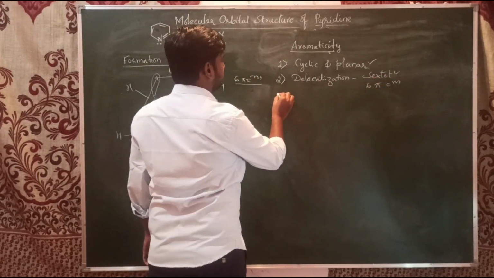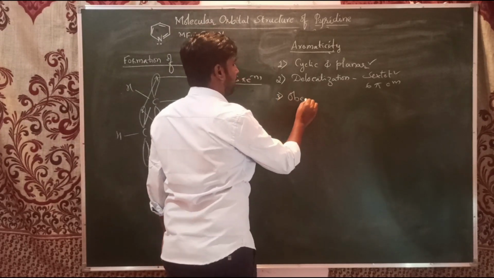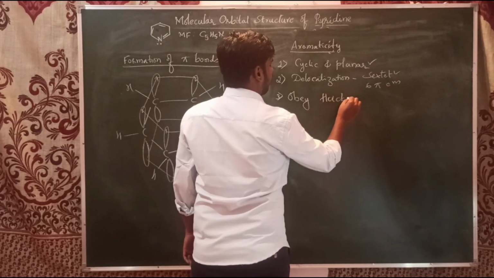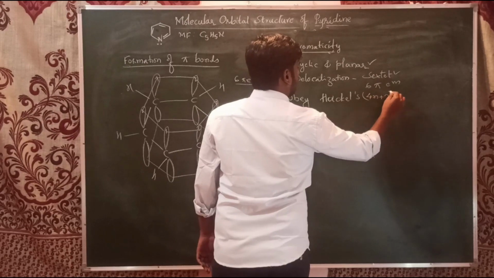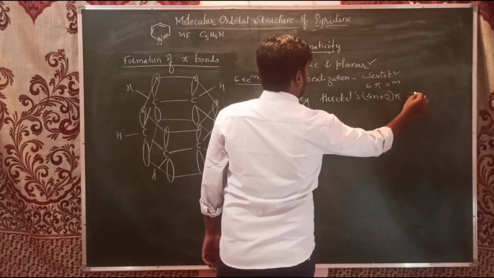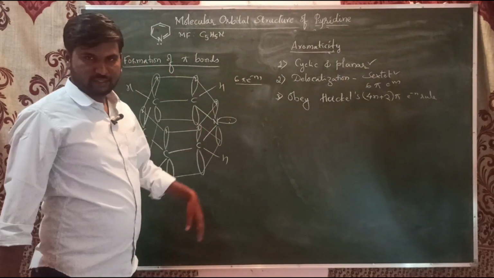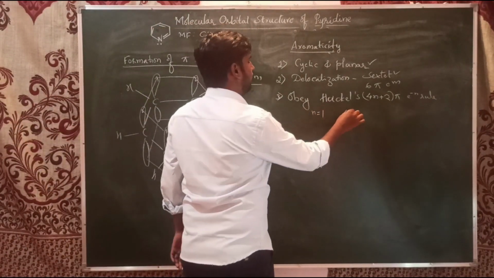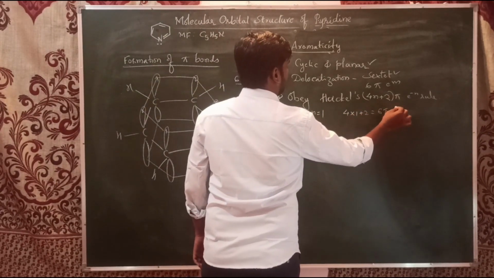The third one is it should obey Huckel's 4n plus 2 pi electron rule. As you already know, there are 6 pi electrons in one ring, so n equals 1. So 4 into 1 plus 2 equals 6 pi electrons.